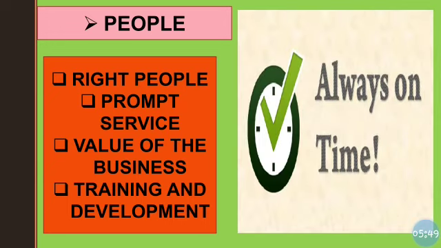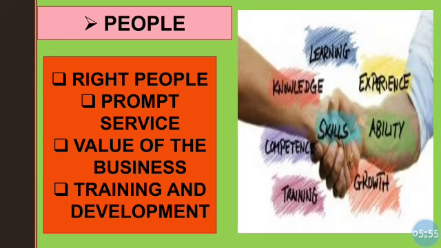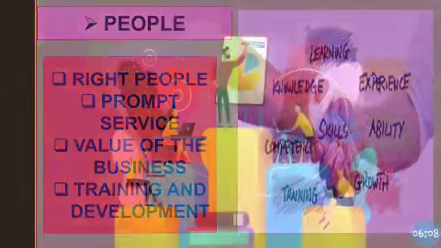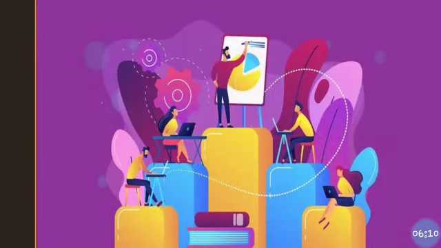Right people at right place add value to the business through knowledge, learning, experience, their ability. It is necessary to recruit right people and to give proper training to develop their skill, which will help in retaining them for longer time in the business.